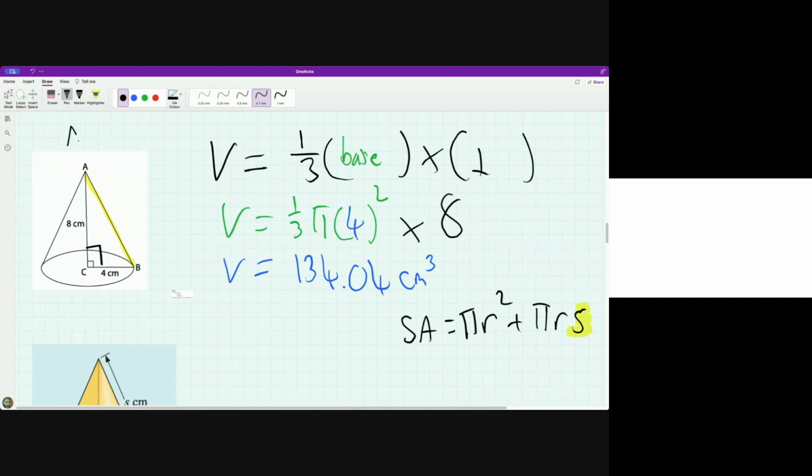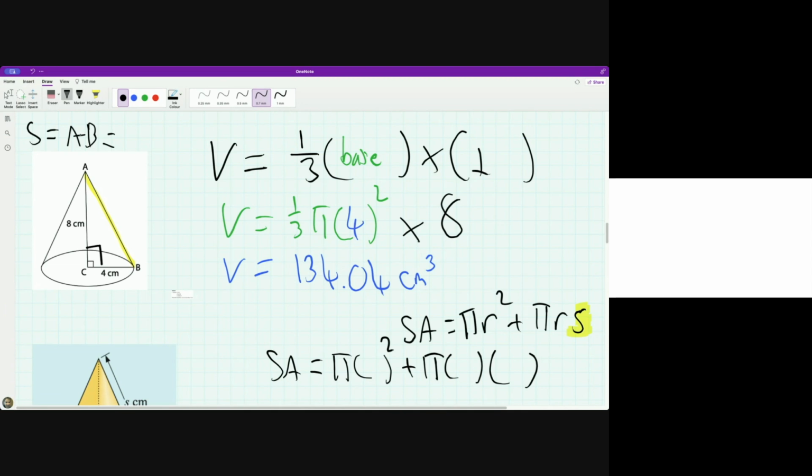In this case, the slant height will be AB. Once you know what that is, you can use this formula, pi r squared plus pi times r times s. You just need to work out what s is. Okay, so please find me what AB or the slant height is using our friend Pythagoras.